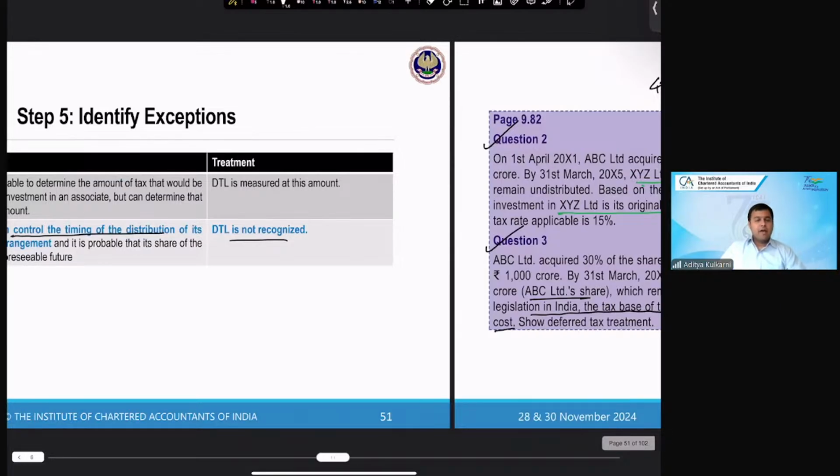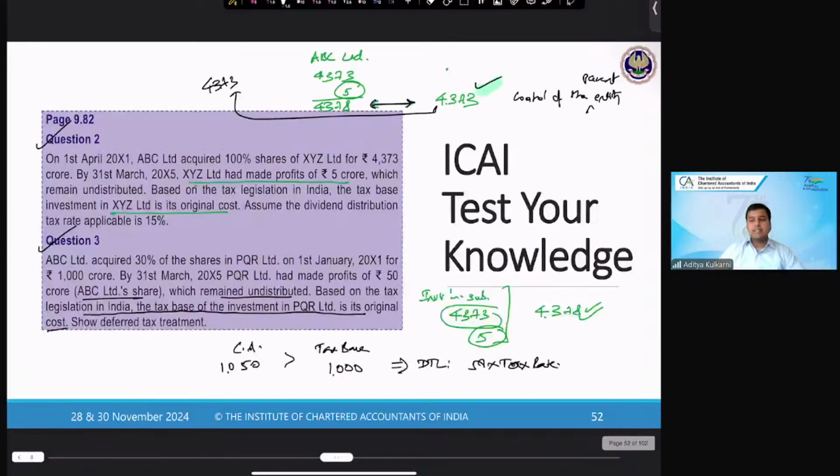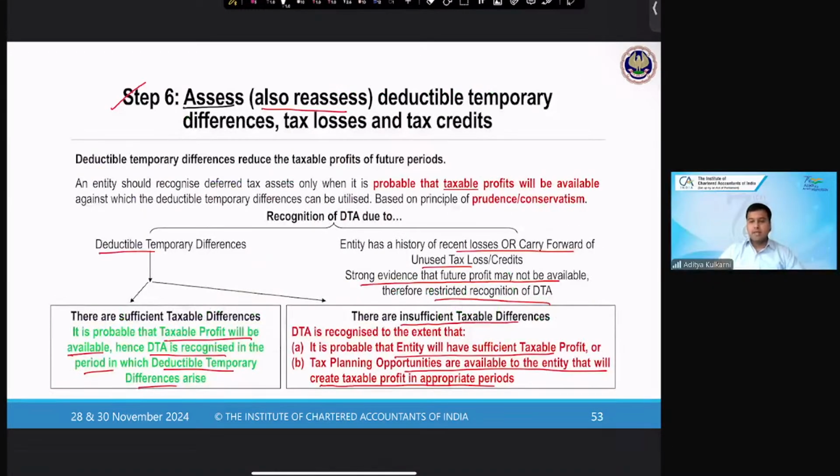Step number 6. So exceptions we covered, but your step number 6 starts getting important. Step number 6, assess and reassess deductible temporary differences, tax losses and tax credits.